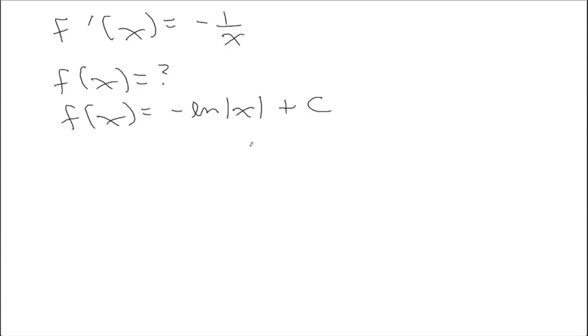Check that. Derivative of natural log of x is 1 over x, so -1 over x. Okay, yeah, I think that's good. Okay, excellent. I just wanted to make sure we could handle that negative sign there.